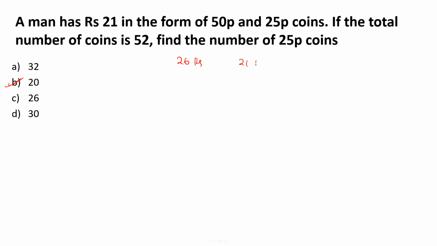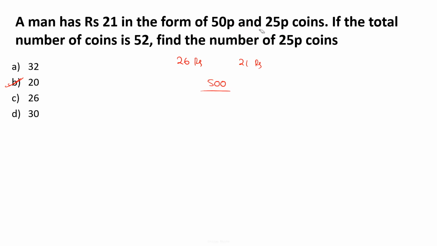There is a difference of 5 rupees, that is 500 paisa, between what we assumed and what is the actual value. Then why is this 5 rupees difference coming?